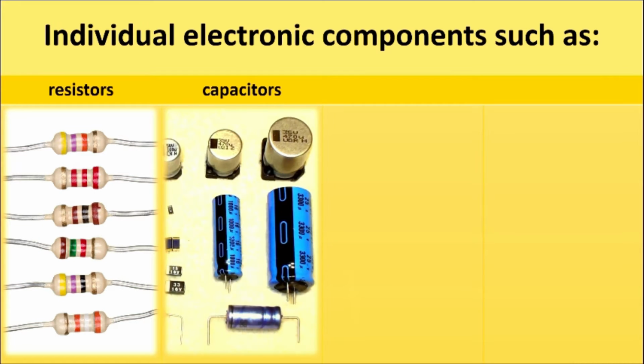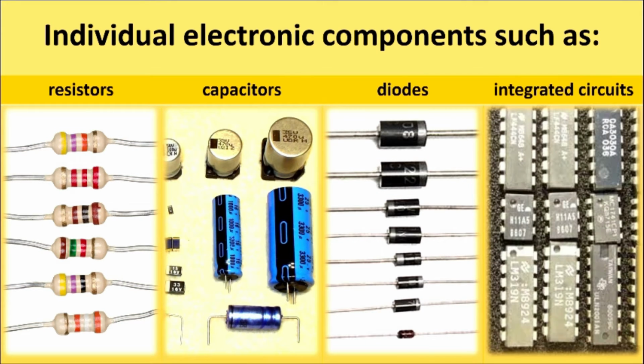They provide a path for current to flow through individual components such as resistors, capacitors, diodes, and integrated circuits, all connected by conductive wires or traces through which electric current can flow in a controlled way.